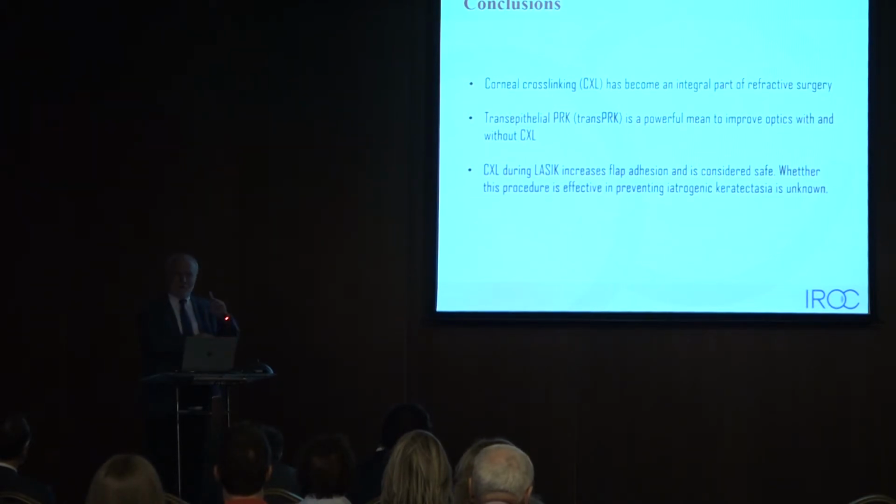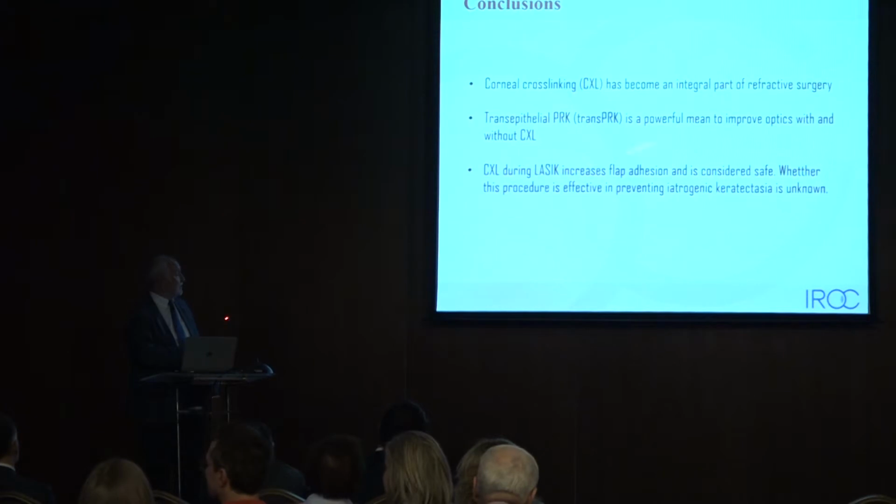But nevertheless, whenever somebody comes in who has a forme fruste keratoconus, or has a keratoconus, cross-linking has become an integral part of a refractive surgery approach. And the same is in Istanbul. Cross-linking just belongs to our spectrum today in any refractive surgery.